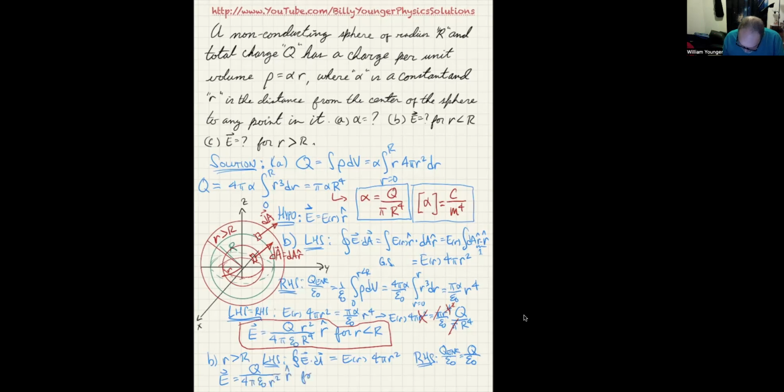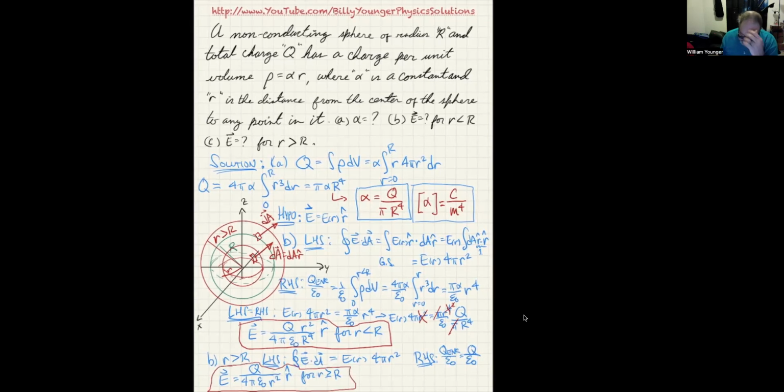And that's for r greater than or equal to big R. Because if you notice, if you put big R in for little r in the expression in part A, you'll get exactly the same thing as you get here. So I'm trying to box this off so you can see the final answer.